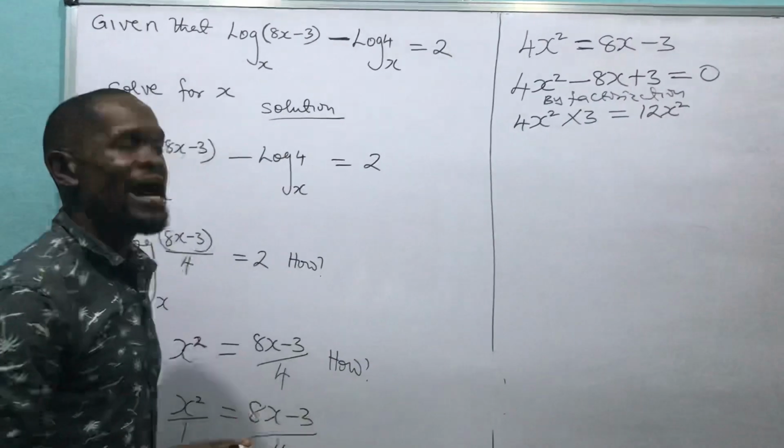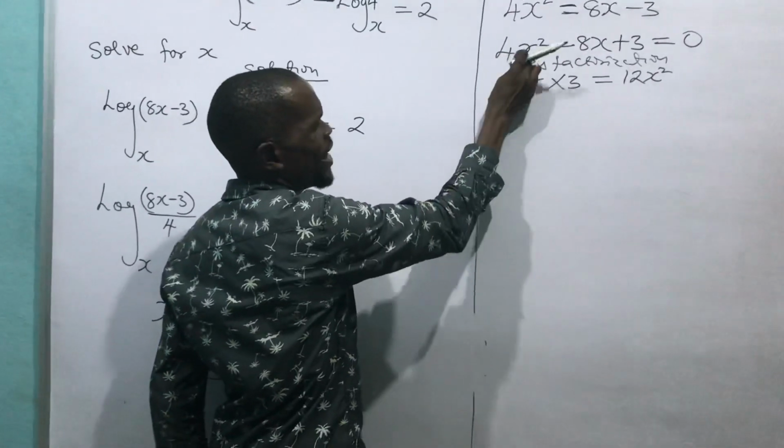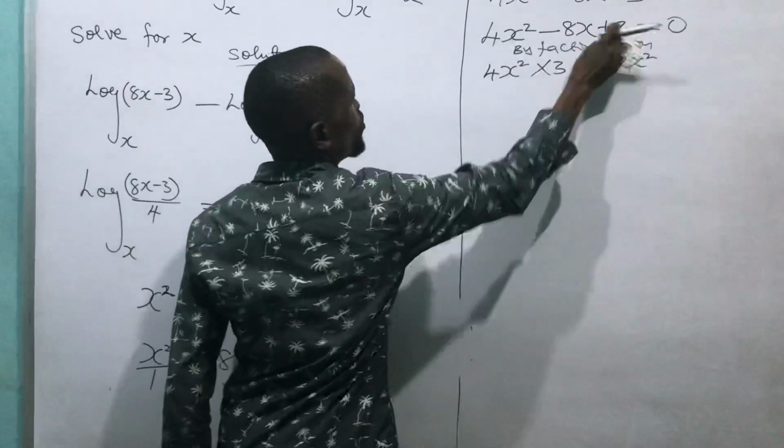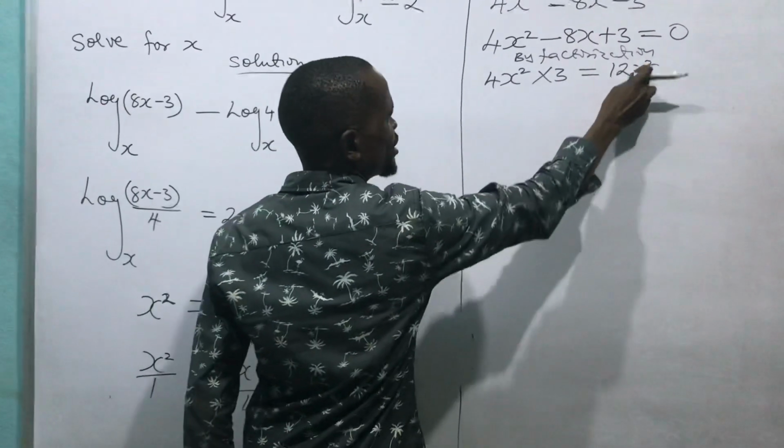I want to factorize. The first thing I will do is take this 4x squared times plus 3, and that gives me 12x squared.